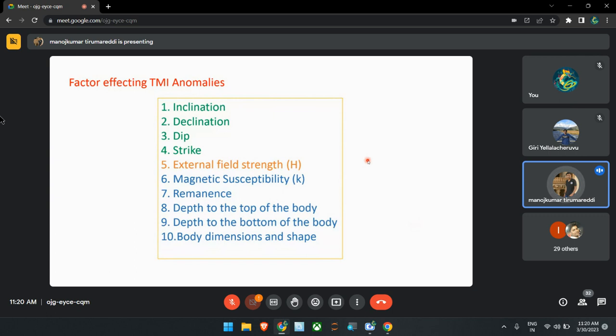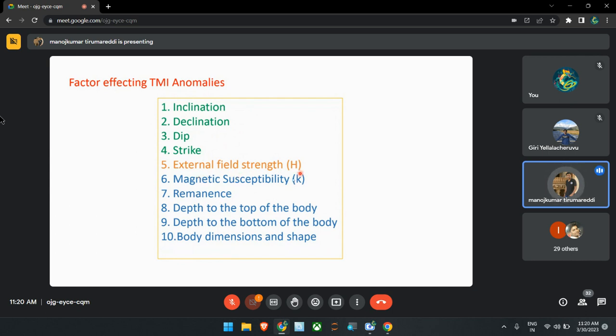Here I am using primary to mean the applied field, and secondary to mean the field generated due to the alignment of dipoles of the ferromagnetic body. Okay, there are some 10 parameters which will affect the TMI anomaly patterns: inclination, declination, dip, and strike. These four parameters define how the body is present with respect to the applied magnetic field or primary field.